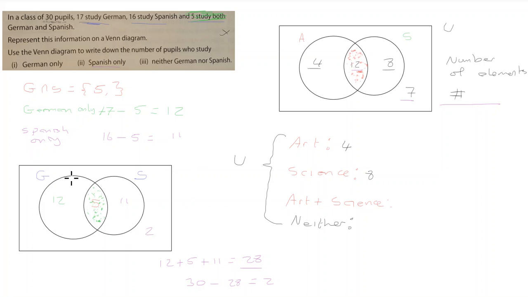We could say that the universe in this case is equal to 30, because that represents the total number of students within the group. The number of German students is 17, and the number of Spanish students is 16. If we look in here specifically, these are the students that only do German.